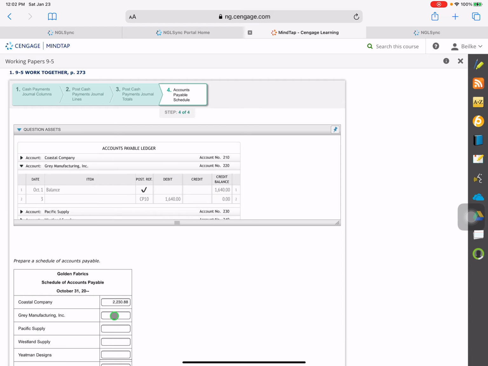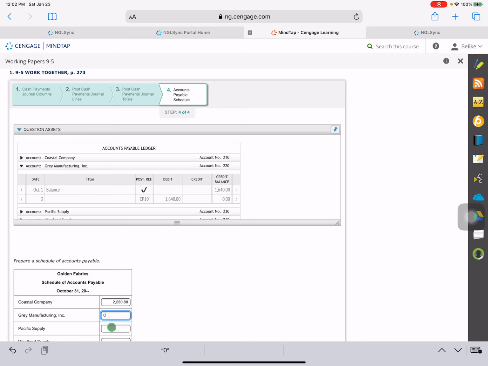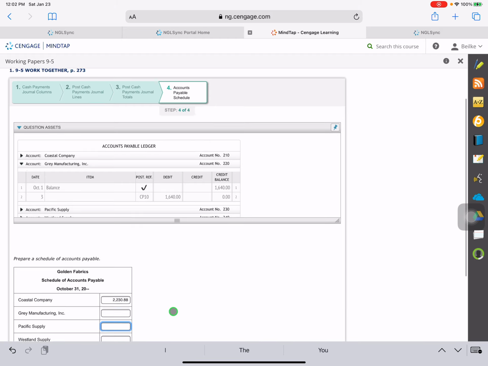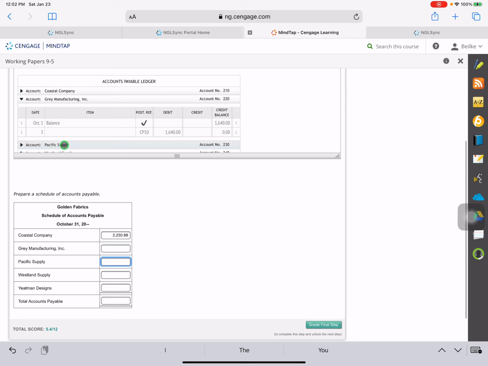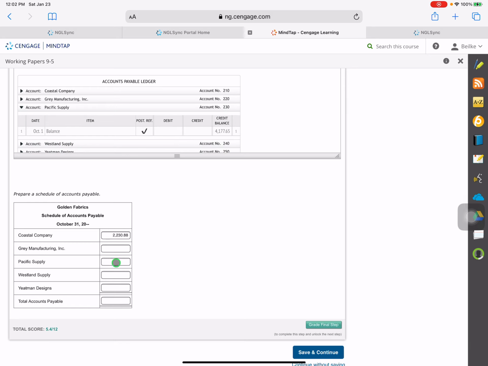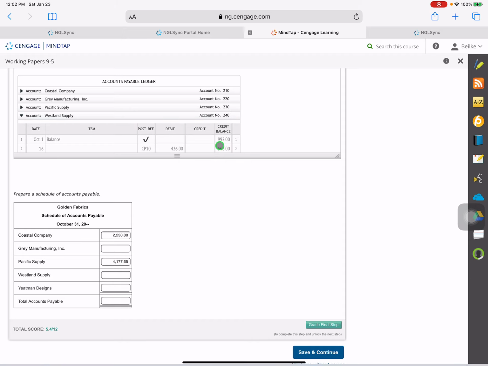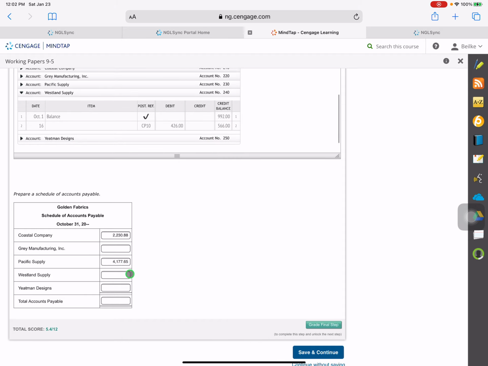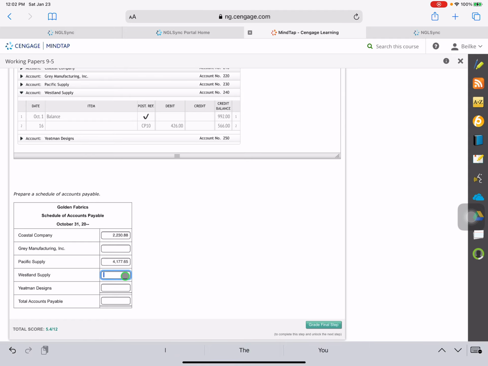Nope. It looks like you just leave that one blank. Pacific Company, you go in there and you owe them $4,177.65. Then you go into your Westland supplies and find out what the balance there is, and that is $566.